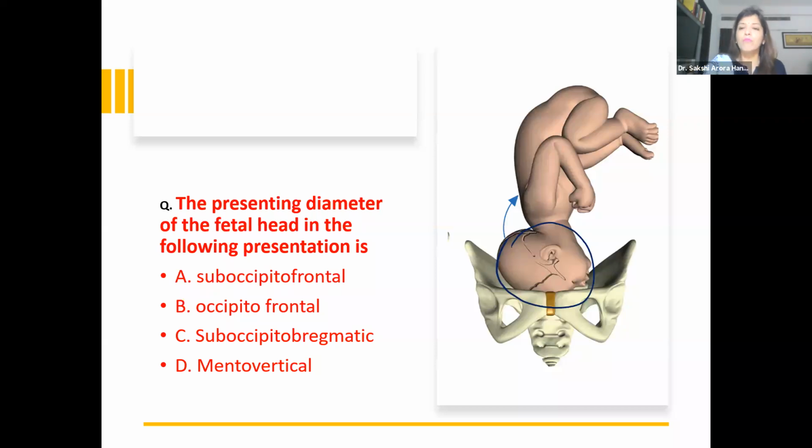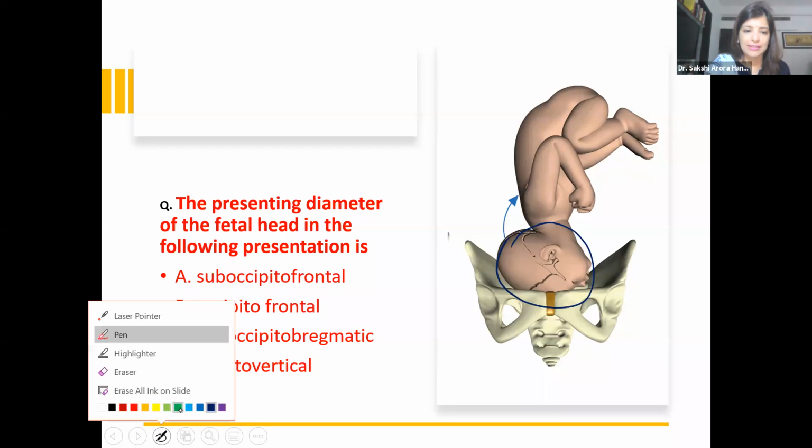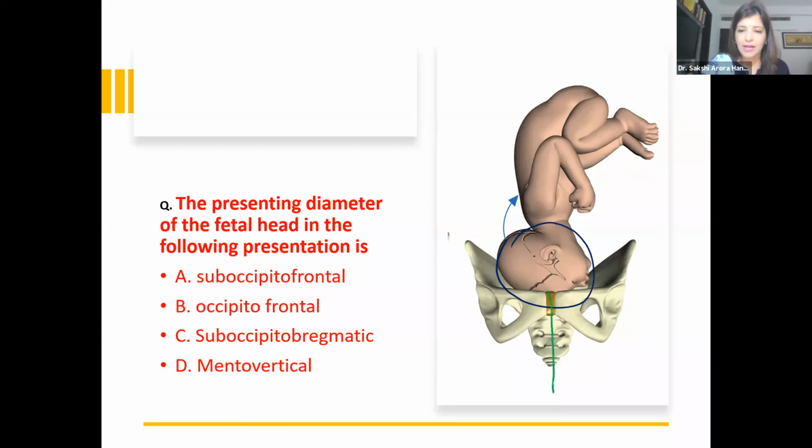Also, if I do a per vaginal examination and I mark an arrow from here, my fingers are touching the brow area, right? But the better way is you have to see the extension of the neck, because the neck is partially extended. Now you're going to say, ma'am, how have you said it is partially extended? Why not fully extended?